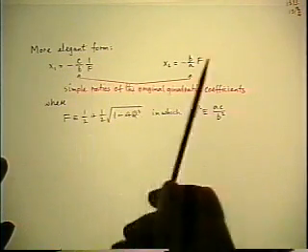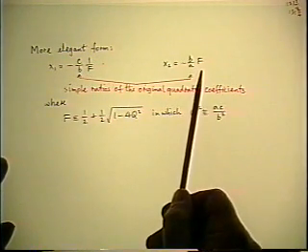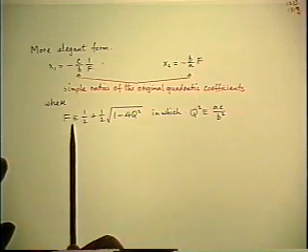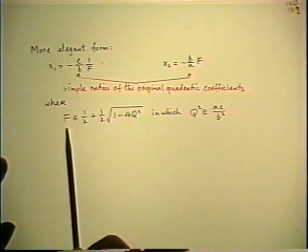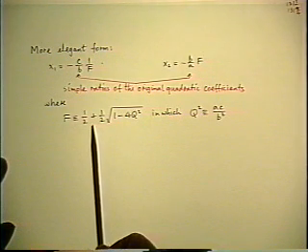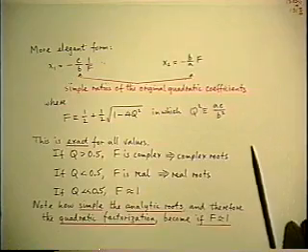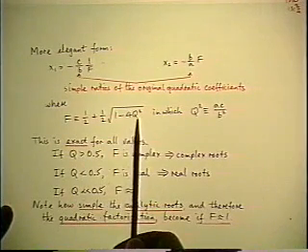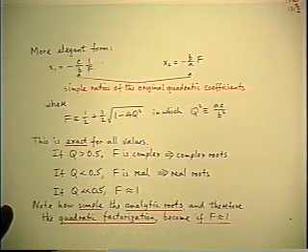When you remember that a, b, c are complicated combinations of circuit elements, well, what possible values can f have? Here's the definition of f. And you see right away that if the q squared is small enough, f approaches 1. Even more explicitly, if the q is bigger than 0.5, this is the square root of a negative number, and of course you get a complex pair of roots.